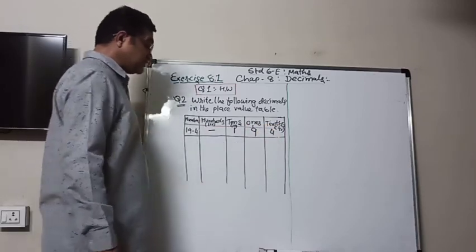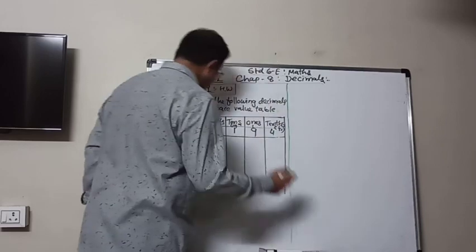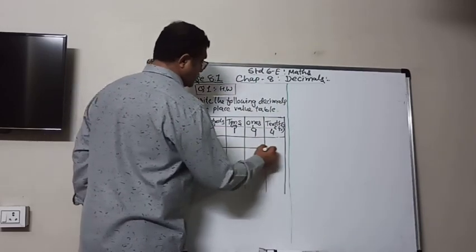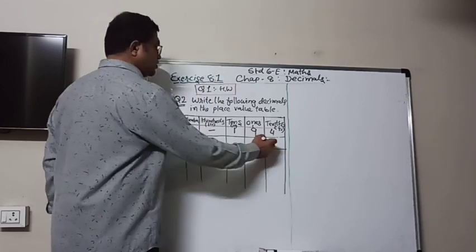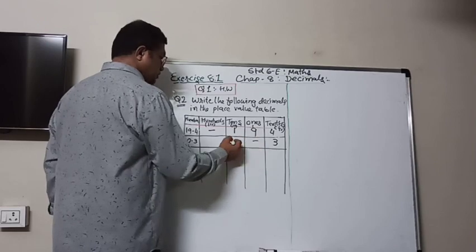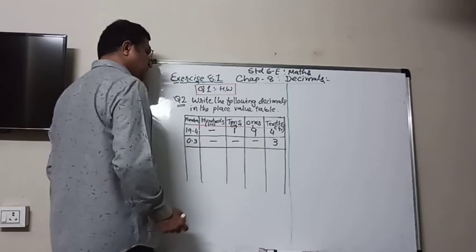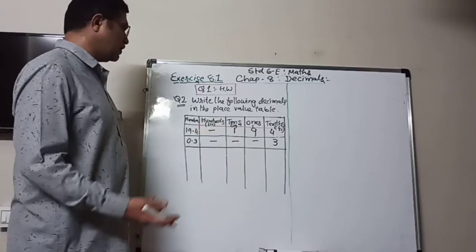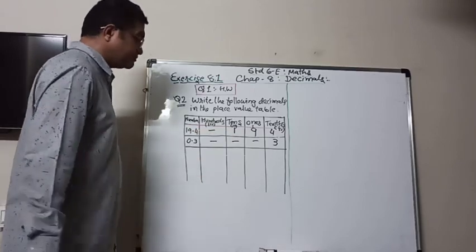The next number is 0.3. So in this you can see that only the 3 is given and no other, no ones, no tens, no hundreds. So you can put a dash, or you can put 0 also, not a problem.